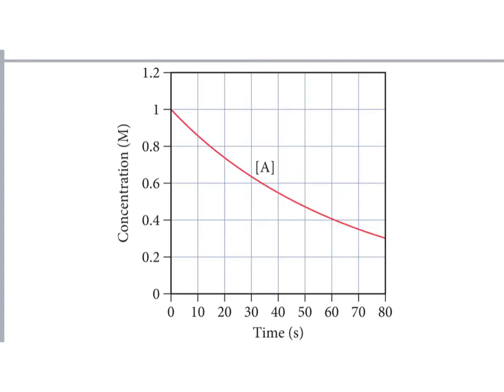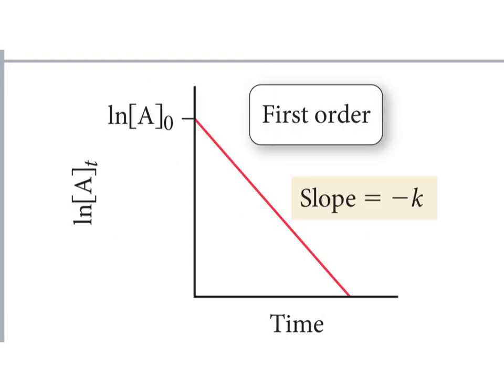So if we get a straight line plotting concentration versus time, then that would be the zeroth order. But if we go ahead and look at a first order plot, you would plot the natural log of the concentration of A versus time.